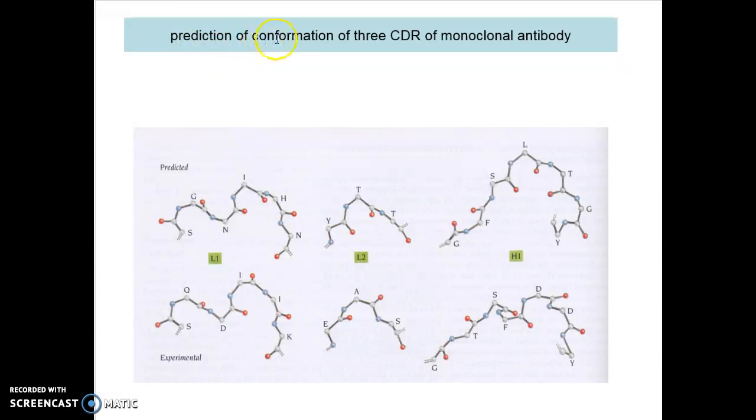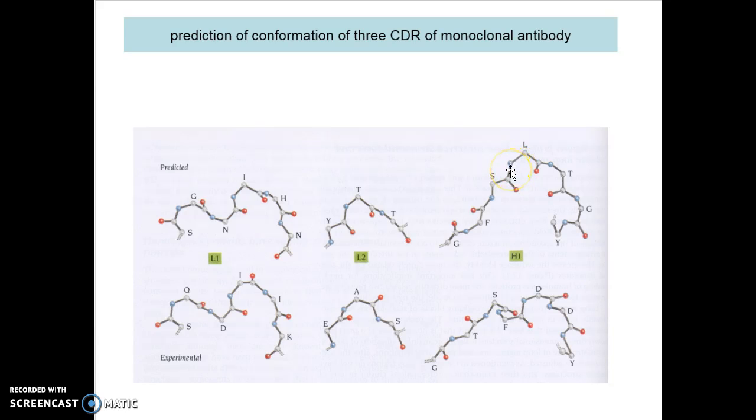Prediction of the conformation of 3 CDRs in immunoglobulin G has been done correctly. CDRs are loop regions involved in antigen binding. These highly variable loop regions are different from antibody to antibody. The 3 CDRs in the upper part are predicted.